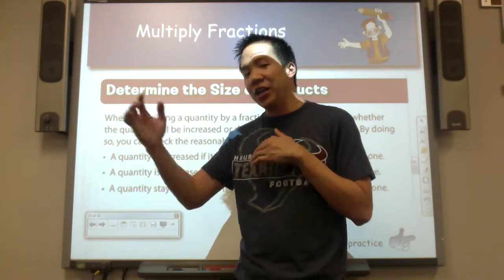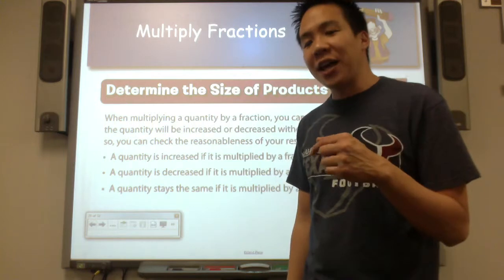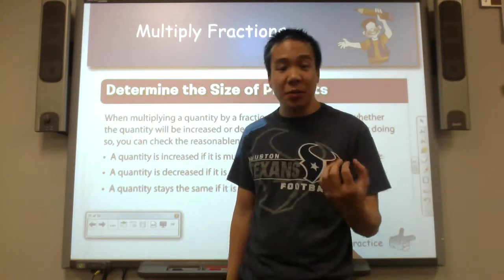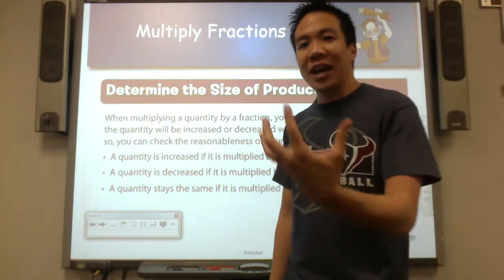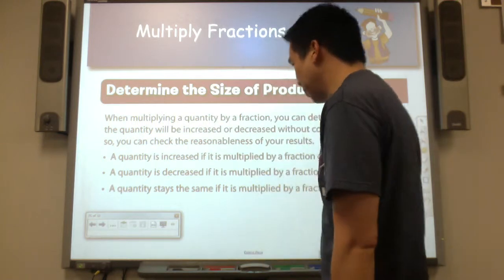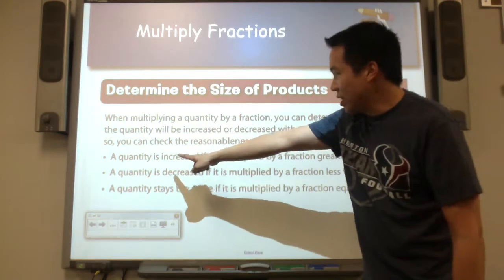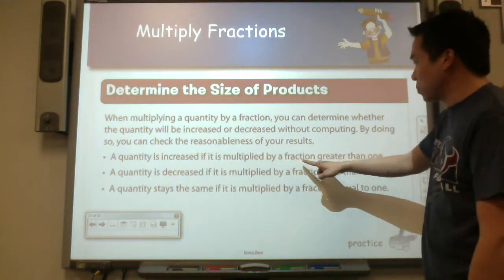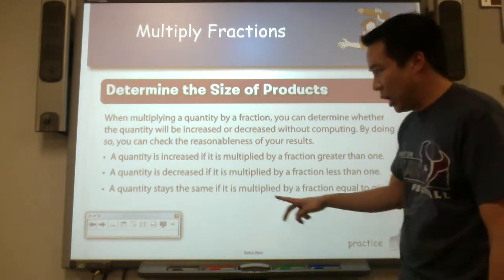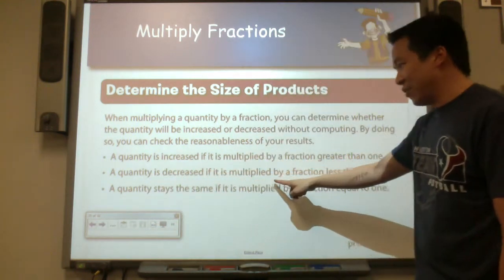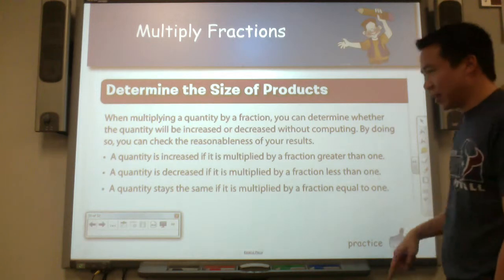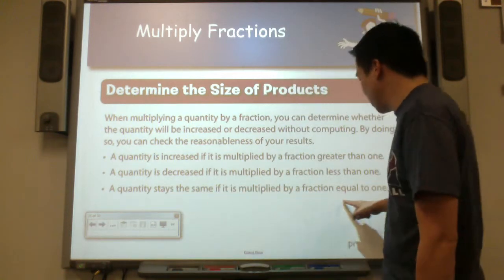The quantity will not increase or decrease. When you're multiplying by a fraction or decimal that is less than 1, your answer will decrease or get smaller. So, a quantity is increased if it is multiplied by a number greater than 1. A quantity is decreased if it is multiplied by a fraction less than 1. And it will stay the same if it's multiplied by 1.